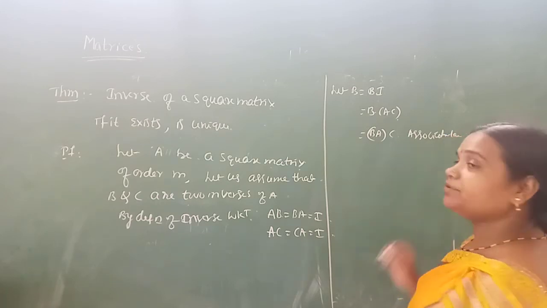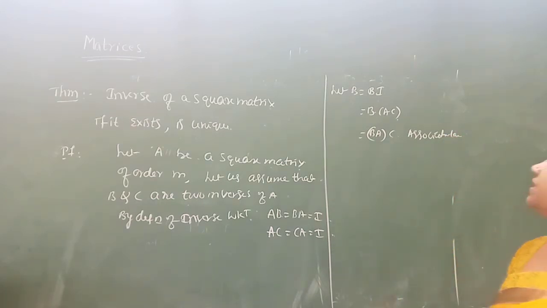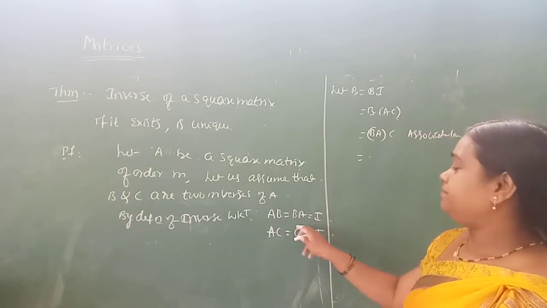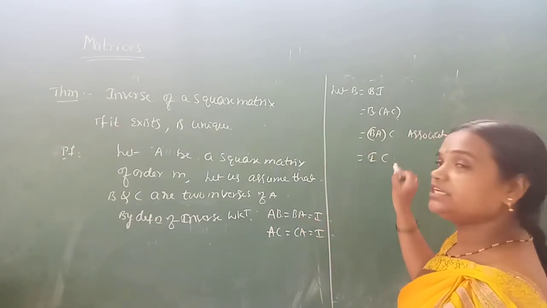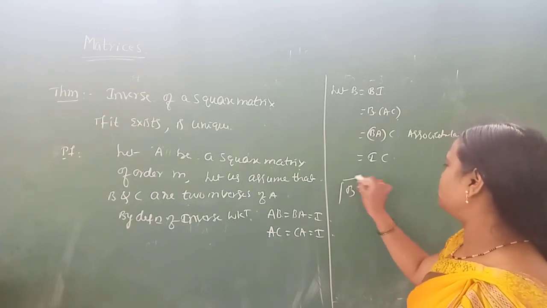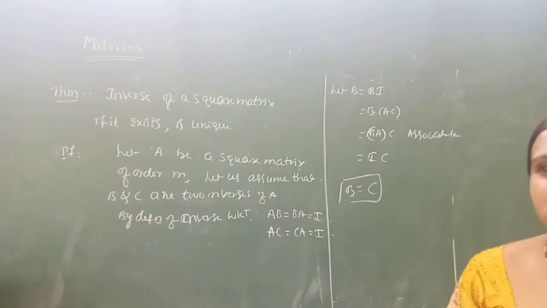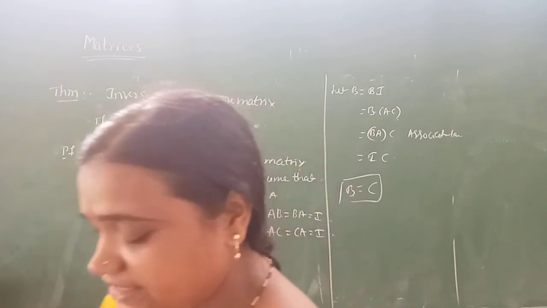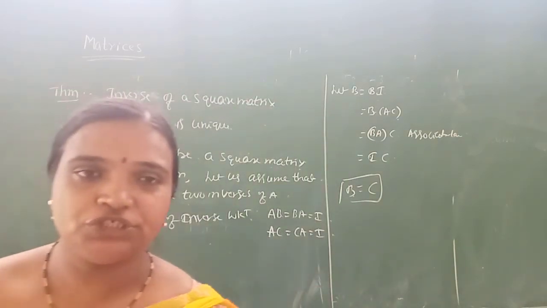Already we know this. Next, BA, what does it represent? BA equal to I, so I into C. I into C means C. So we proved B equal to C, which means the inverse exists and it is unique. Remember that. Such a theorem is asked in the exam for a 2 marks question.